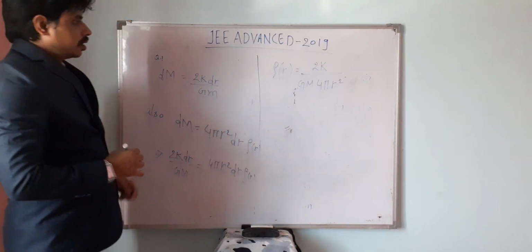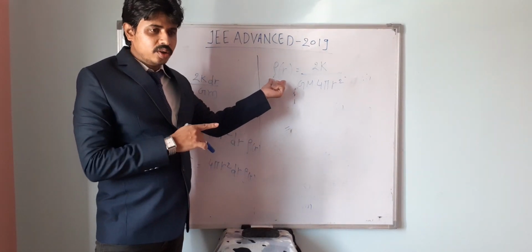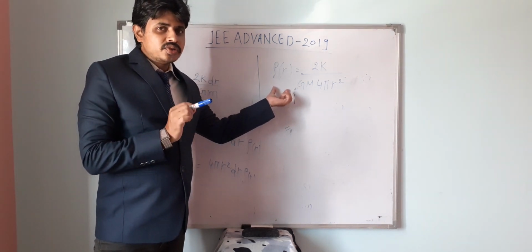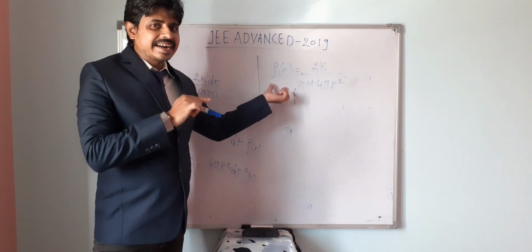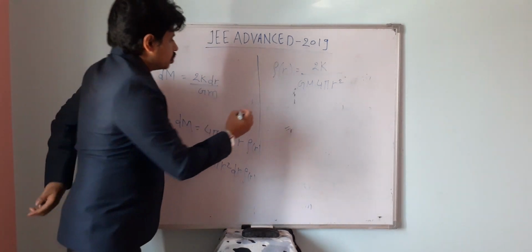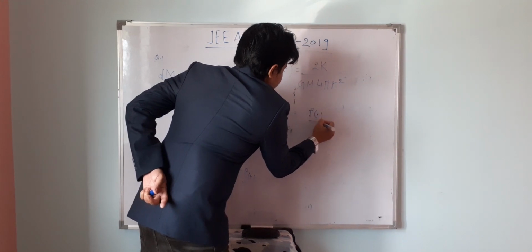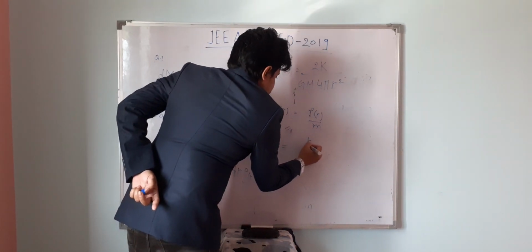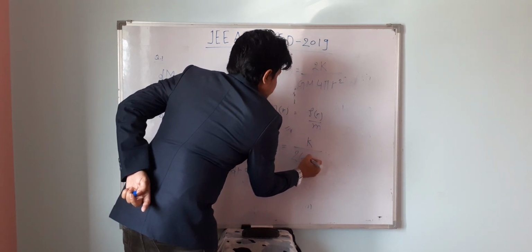So rho r is the density, that is mass per unit volume. This much mass is there in per unit volume. Now if I divide it by the mass of one molecule or one particle, then it will give the exact number of particles per unit volume, that is the number density. So the number density can be given as rho r by small m, that is K upon 2 pi G m square.